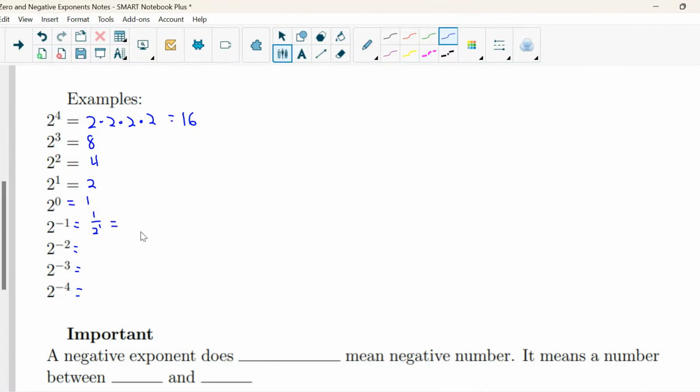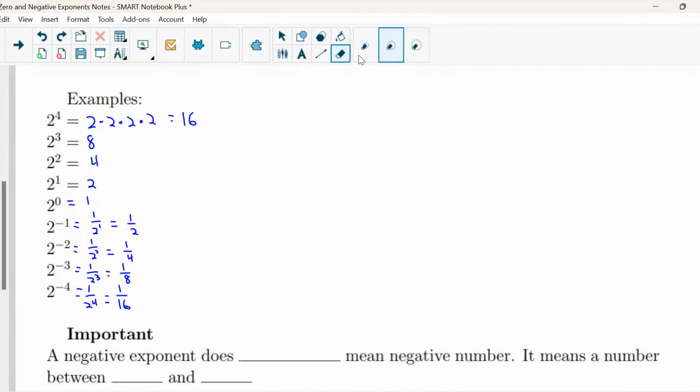We know 2 to the first power is 2, so it's the same as saying 1/2. 2 to the negative second, 1 over 2 squared. 2 squared is 4, so that gives me 1/4. 1 over 2 cubed. 2 cubed is 8, so that gives me 1/8. 1 over 2 to the positive 4th power. 2 to the 4th power gives me 1 over 16.